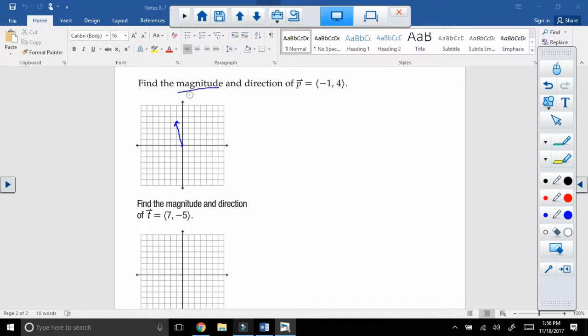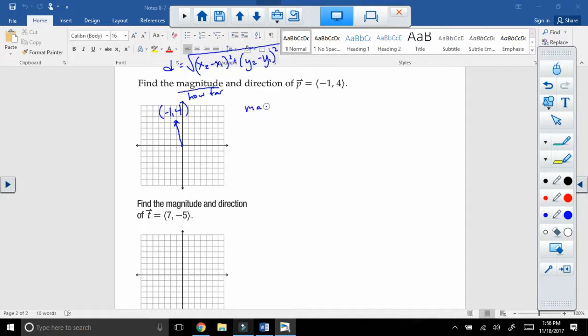The magnitude tells me how far, and for the magnitude I can use the distance formula or use the Pythagorean theorem. It doesn't really matter which way you think about that. So if you're thinking distance formula, your initial point is at 0, 0, and this ending point is at -1, 4.